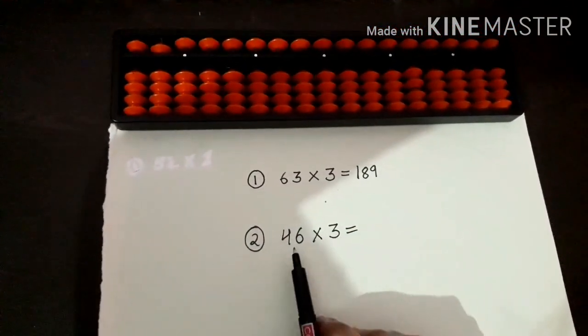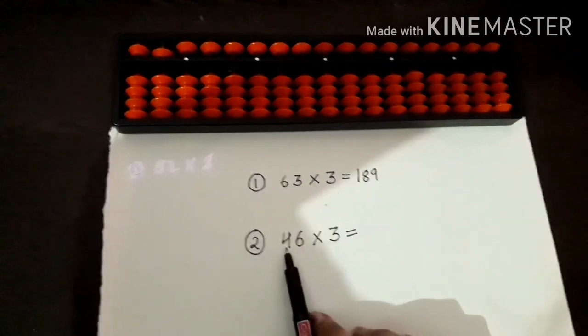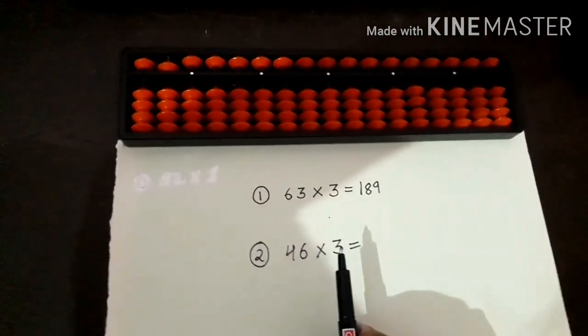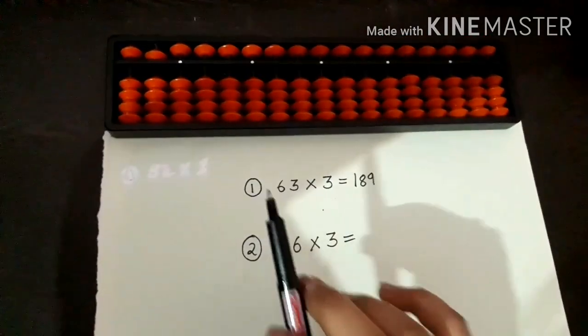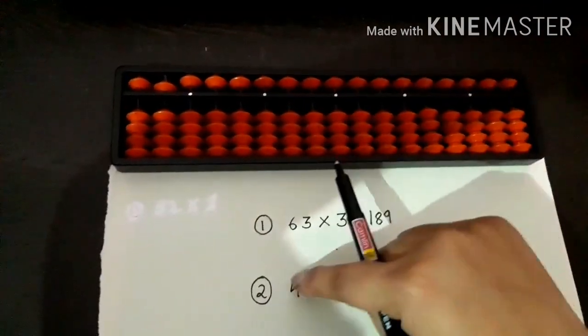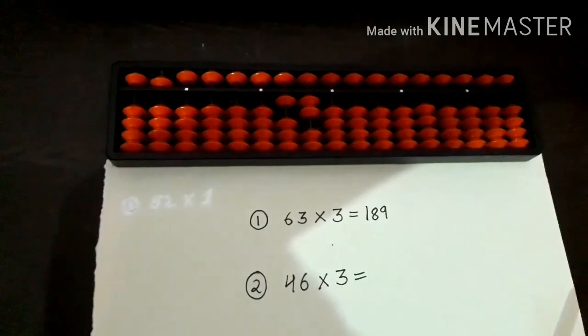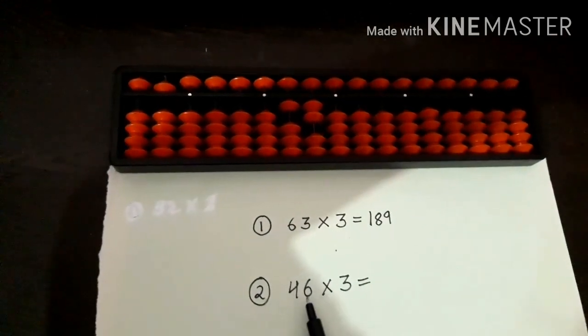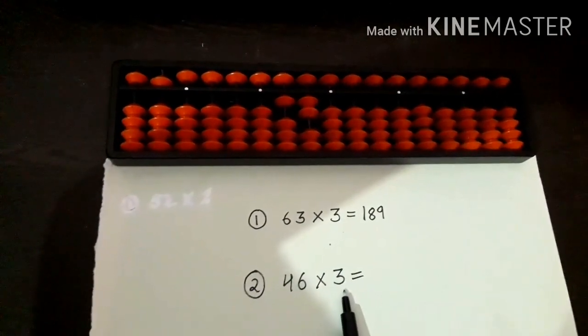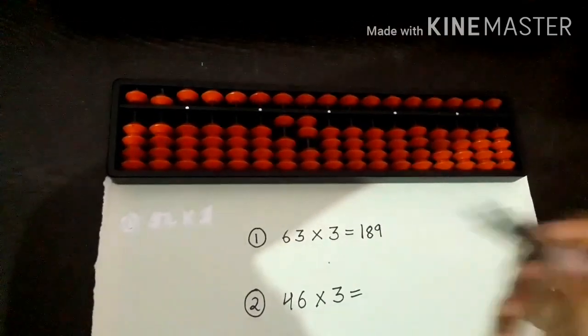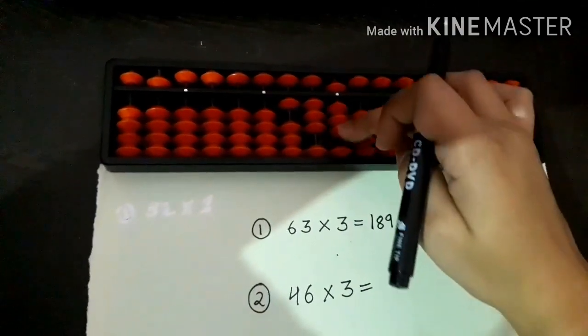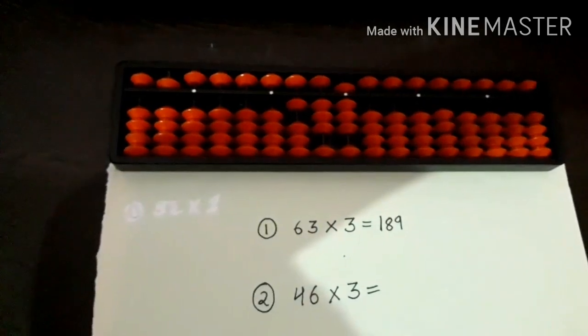Now multiply the first digit with the 3. 4 3s are 12. 12: 1 in the hundreds rod, 2 in the tens rod. Now 6 3s are 18. For 18, you have to put 1 in the tens rod and 8 in the units rod.